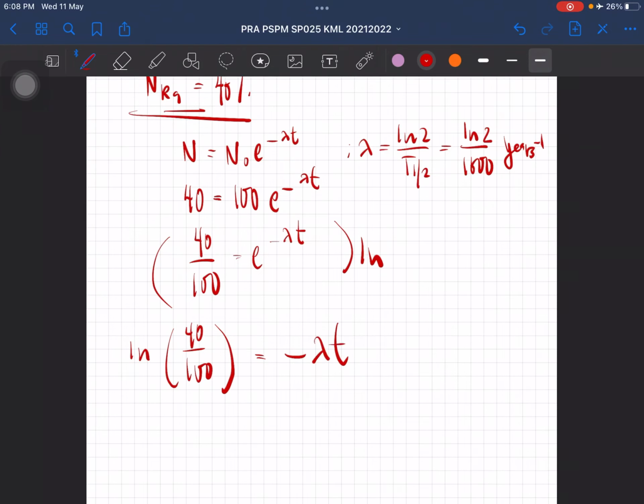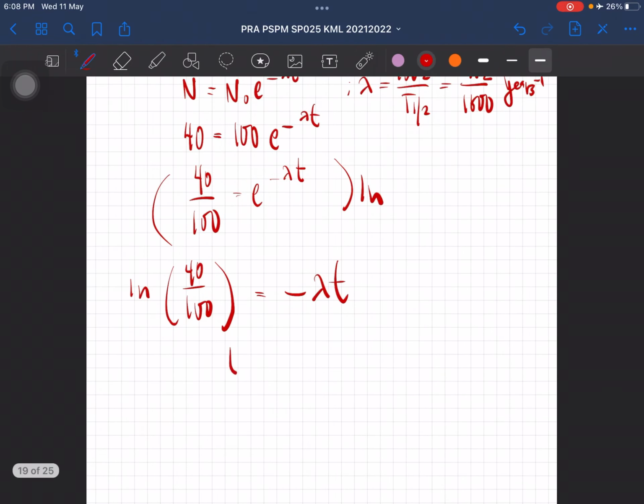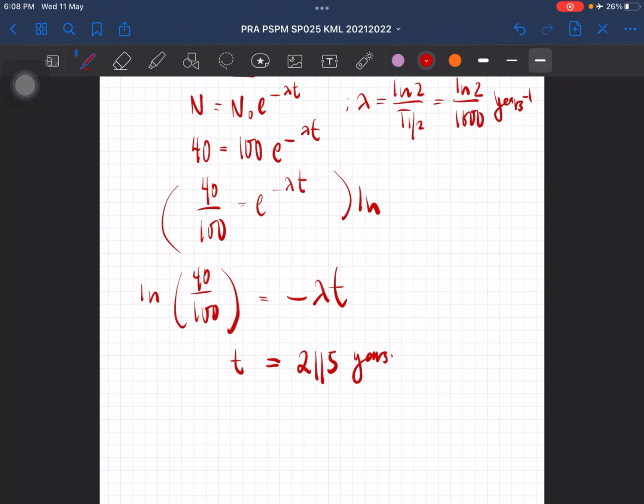So we bring this down. And then we are left with t equal to 2115 years. Okay, so if you do have any problems solving this question, just let me know.